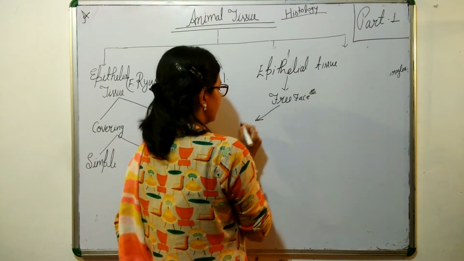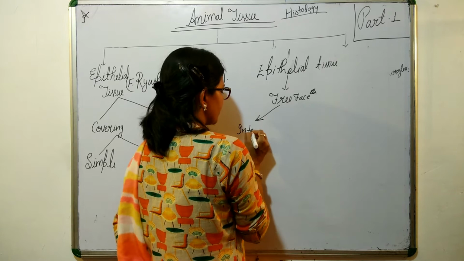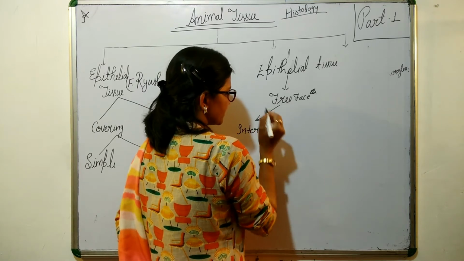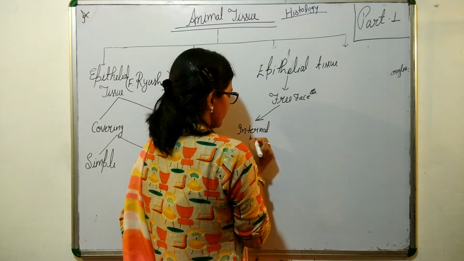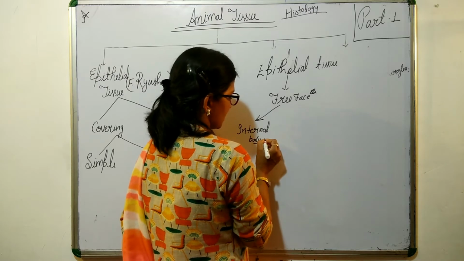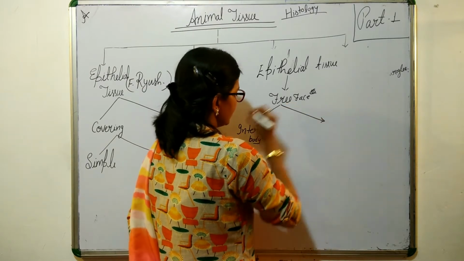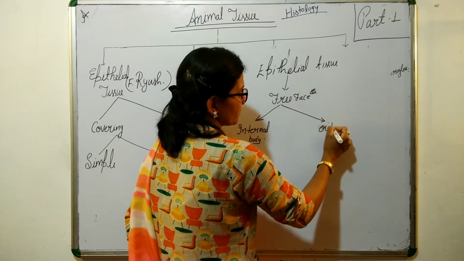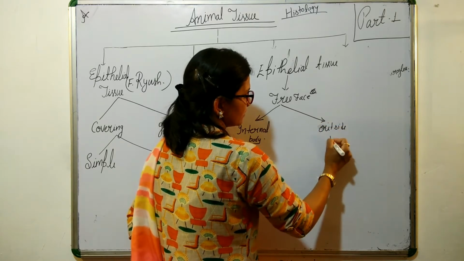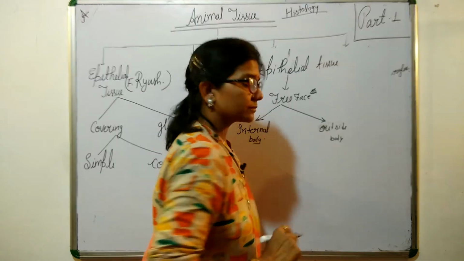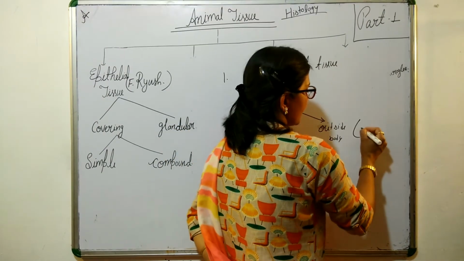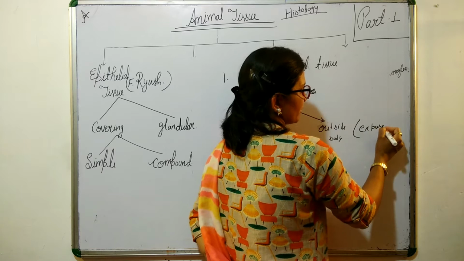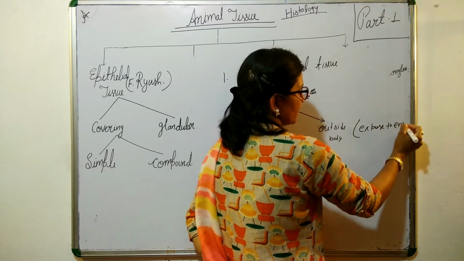Either they will face the internal environment of the body, the internal body parts, or the second, the external, outside the body. Outside the body means they are exposed to the environment.